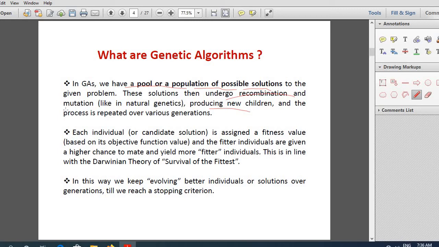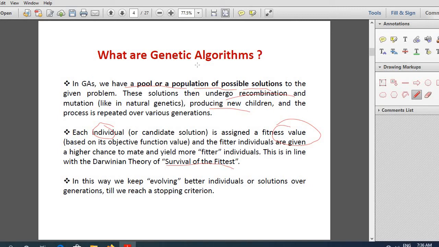Each individual solution is assigned an objective function or fitness value, and the fittest individuals are selected to produce the next generation. So this is based on the Darwinian theory of survival of the fittest.